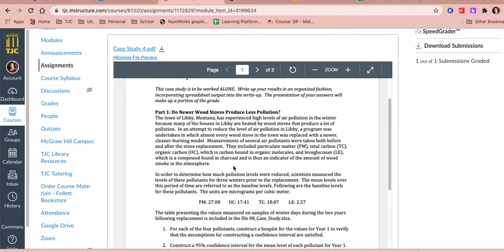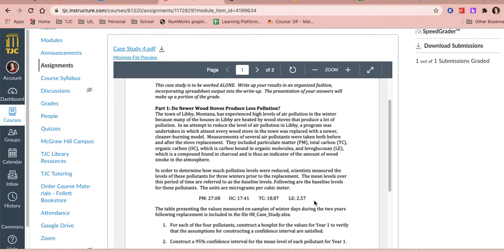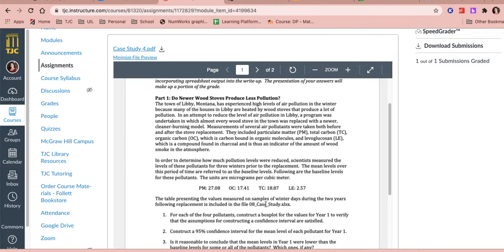To figure out if they've reduced, they collect some data before they replace the stoves. So these numbers down here, these 4 numbers, these are your baseline. This is before replacement. The data is in the file 08 case study.